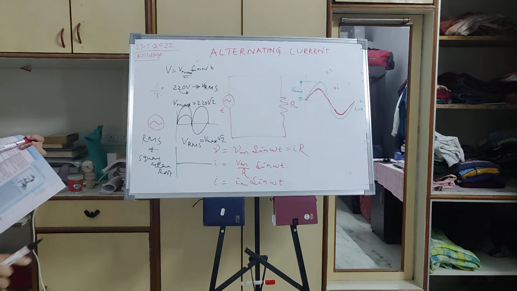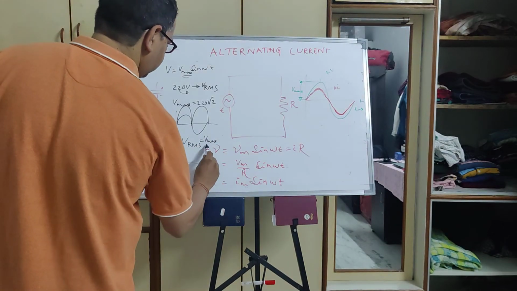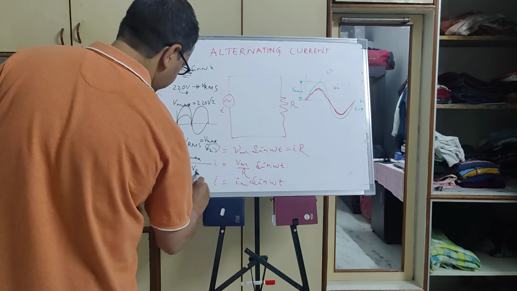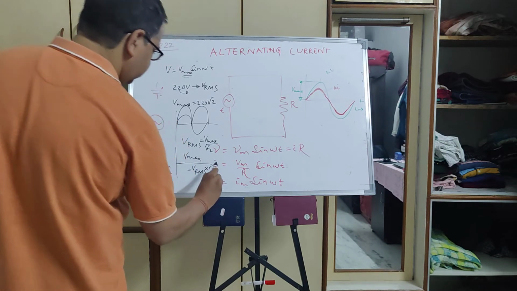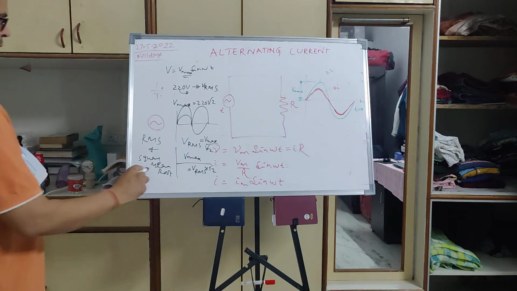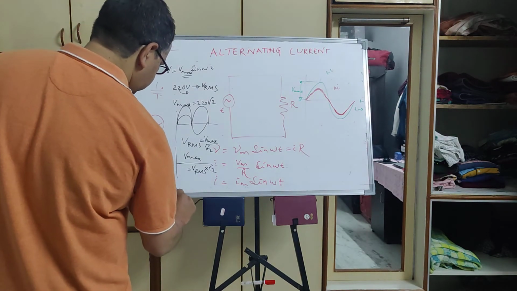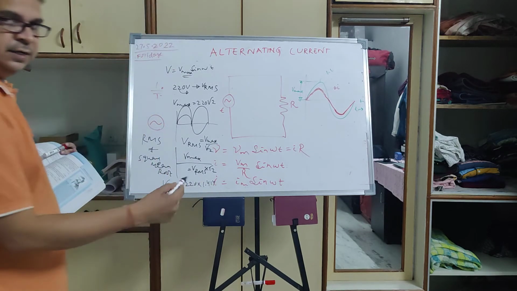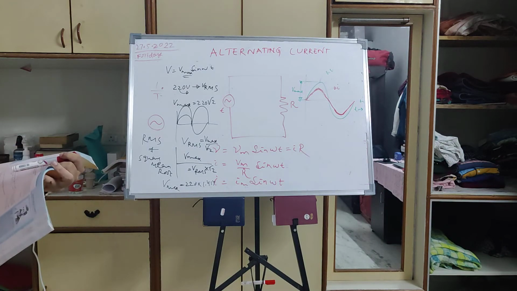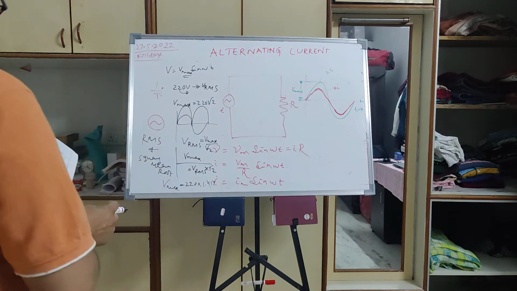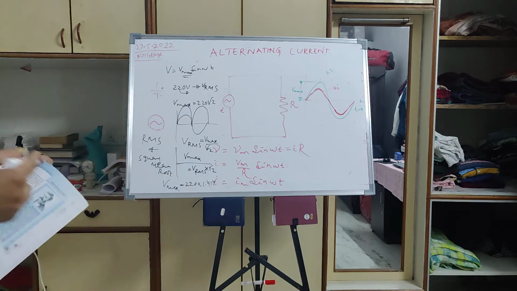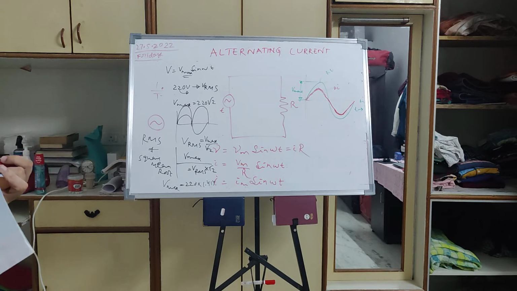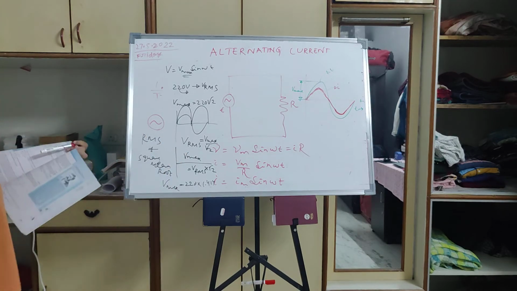Let's say V max is equal to 220 into 1.414 or whatever, so it will be some 310 or so. Why is it required to take the square? Because without taking the square, if you take the mean, it will be 0, so that's why you should take the RMS value.